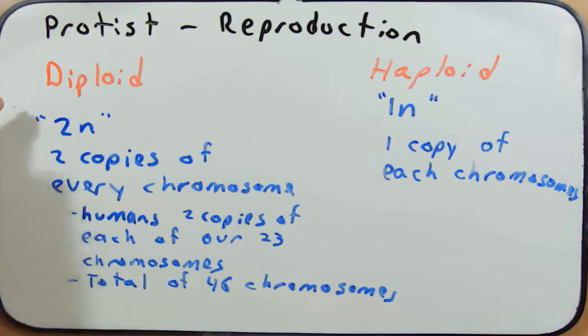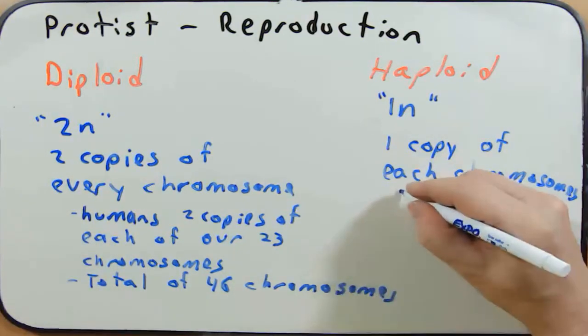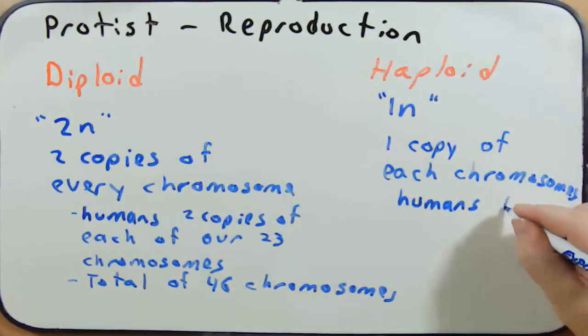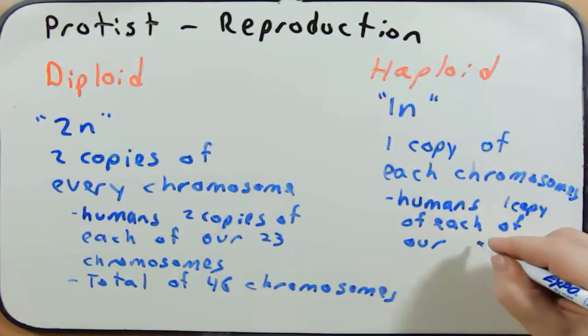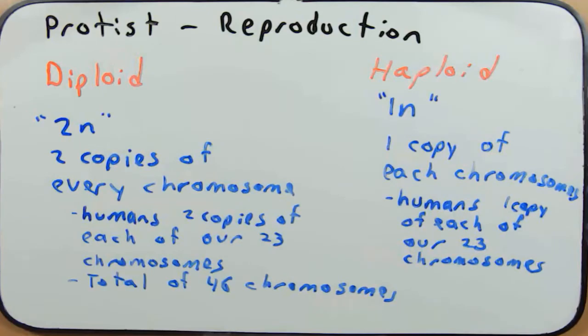All other cells are diploid. So in humans, our haploid cells have 1 copy of each of our 23 chromosomes. So in sperm and eggs, there are 23 chromosomes in humans. Now in protists and other eukaryotes, there would be different numbers of these chromosomes. Every species has a unique set of chromosomes.